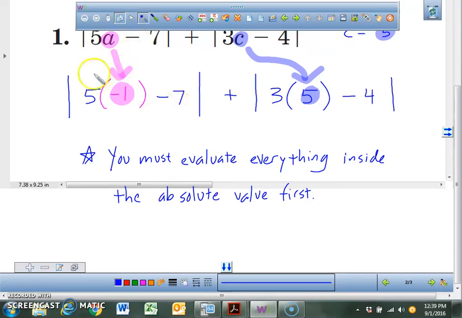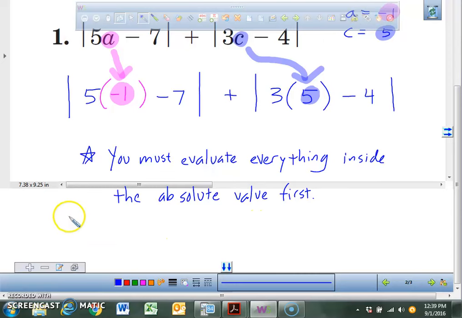So all of this has to be evaluated first. That's the first thing we're going to do before we apply the absolute value. So evaluate everything inside that expression first.